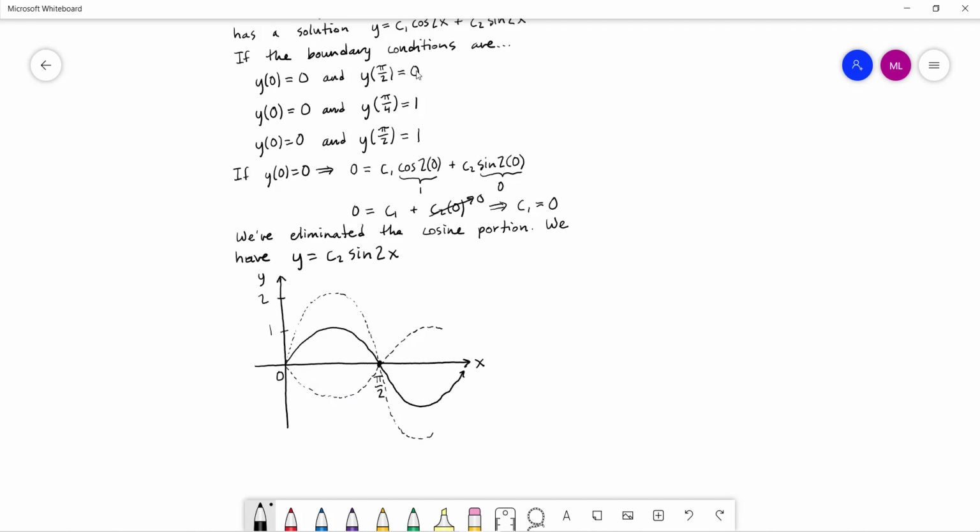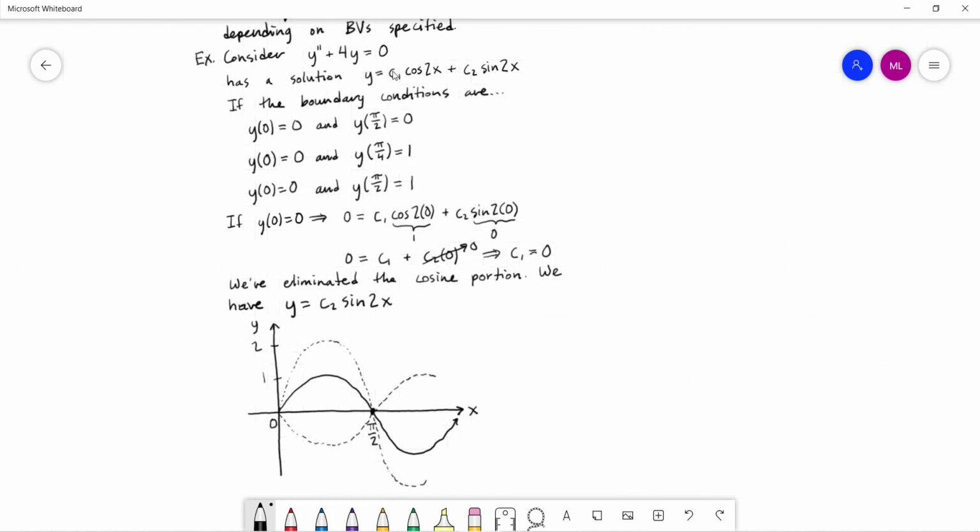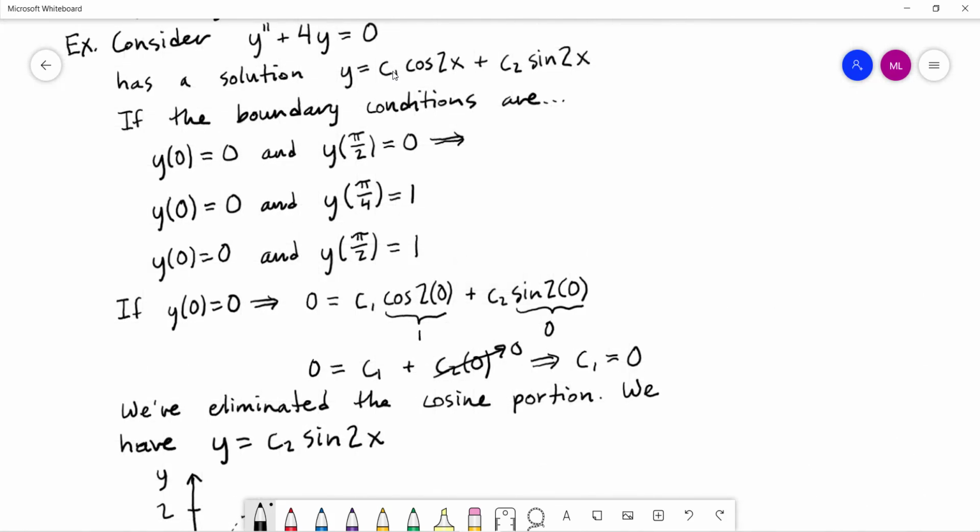So specifying this condition isn't enough to let me solve for C2. In fact, we could see what would happen if we plugged in this condition to try to solve for C2. We're not going to get anything out of this. Hopefully it's clear visually that this is going to have an infinite number of solutions.